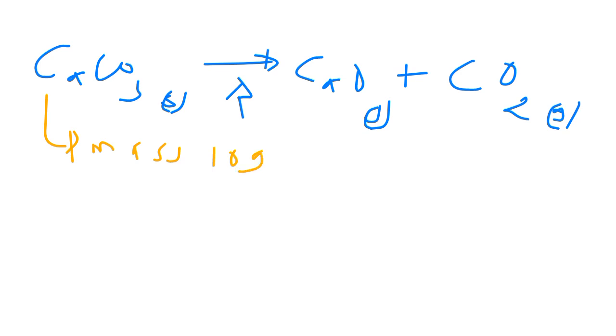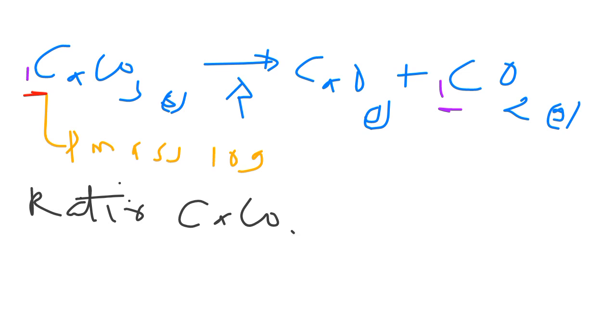The stoichiometric coefficient between calcium carbonate and carbon dioxide is 1, so the ratio of calcium carbonate to carbon dioxide is 1:1. These are the numbers of moles that will be correlated until we get the answer.